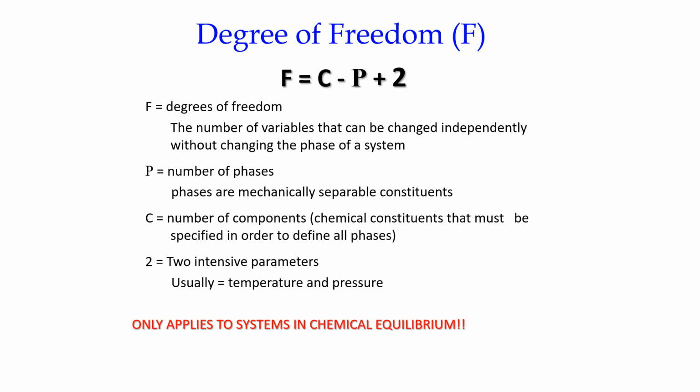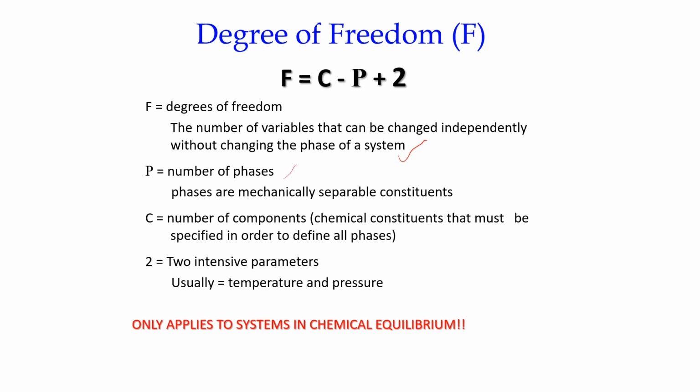We have the formula F equal to C minus P plus 2. So F refers to the degree of freedom, the number of variables that can be changed independently without changing the phase of a system. And P is the number of phases.